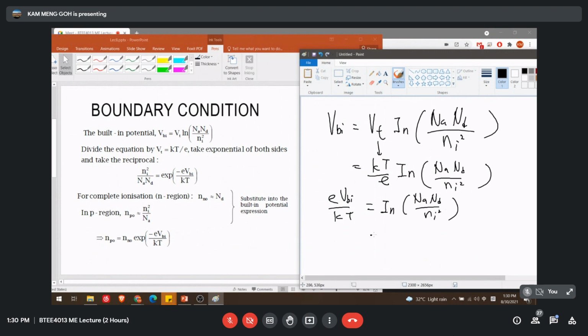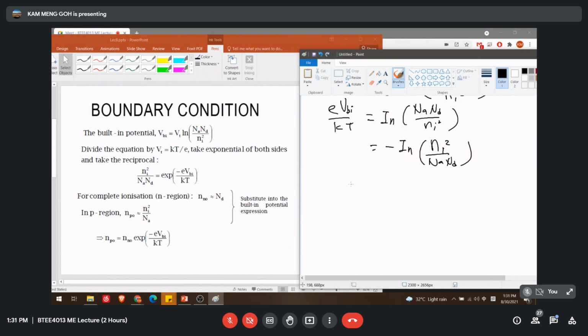Okay, so we can also rewrite this with a negative: ln NI squared over NA ND. And then NI squared over NA ND will be equal to the exponential of negative e VBI over kT. In this case, it is just written this way to make it look nicer.